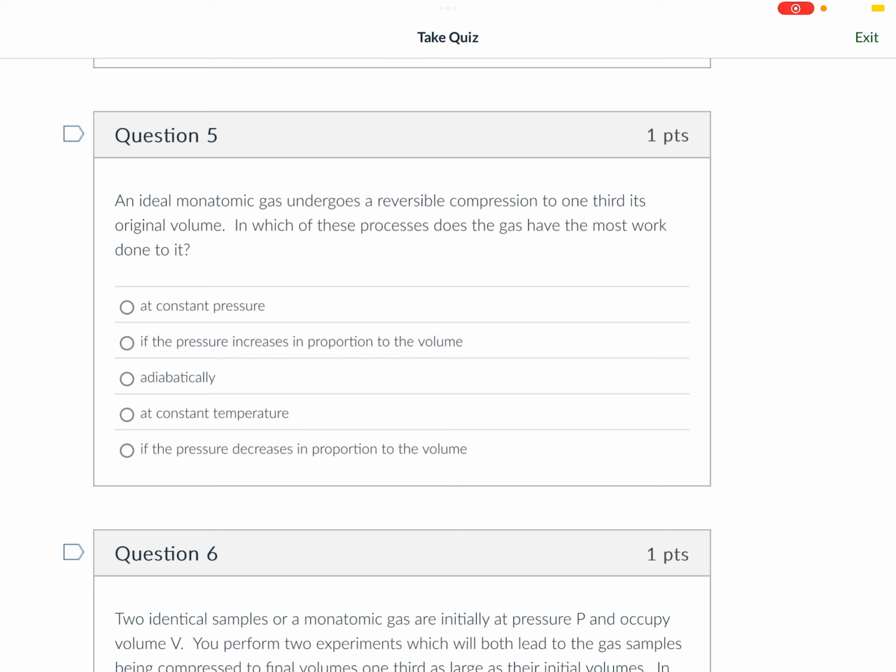I would have to throw away my thermodynamics for a second and say if the pressure increases in proportion to the volume, and the reason is because if your volume gets smaller, your pressure increases, which means you need to apply overall a larger force over that distance when you integrate F dx for work.